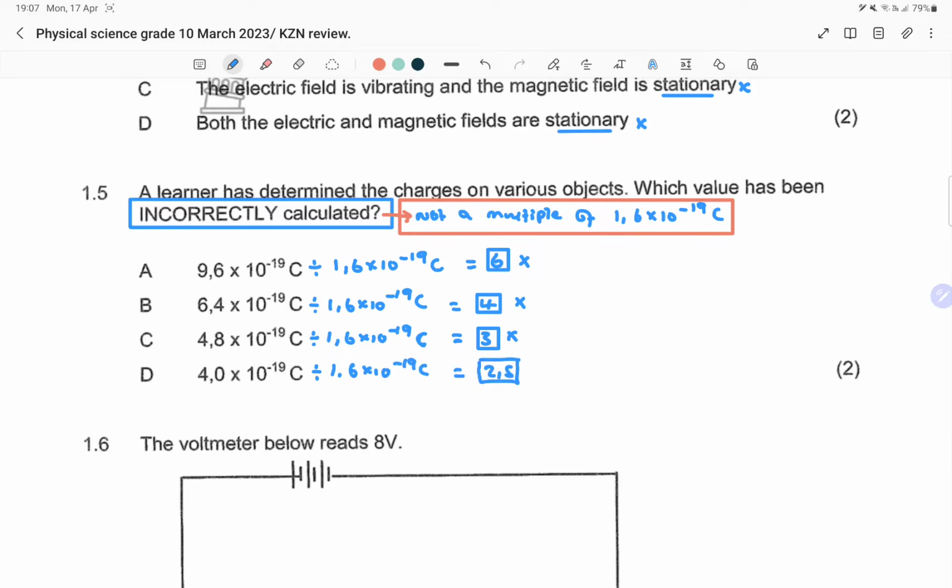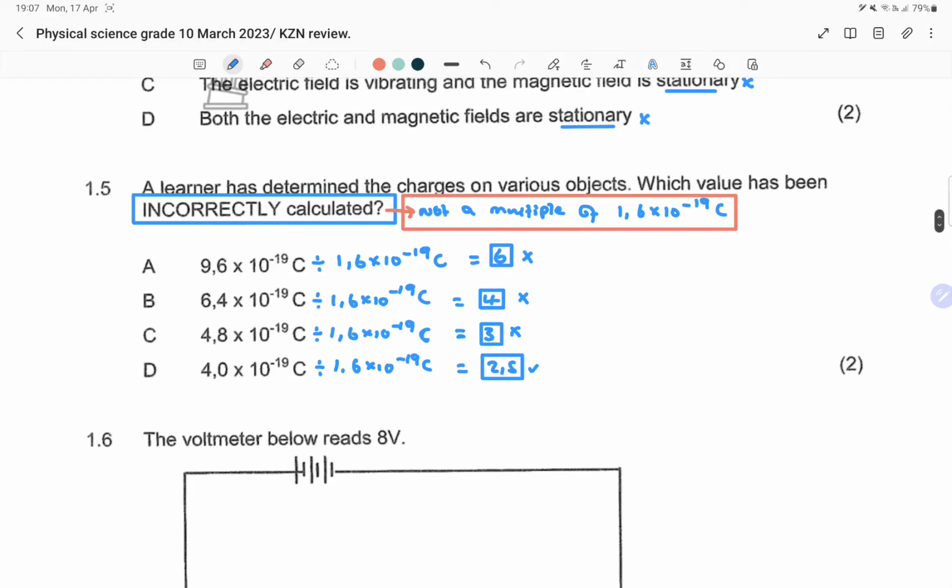Do you see we're getting a decimal? So that means it's the correct answer because we can't have half electrons in a particular charge, because we assume electrons to be a whole number, so to speak. So we can't have a 2.5. All right, so that means this is the one that is probably not correctly calculated.